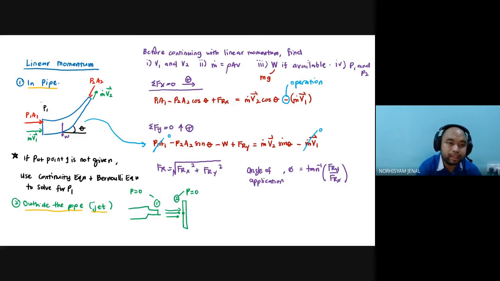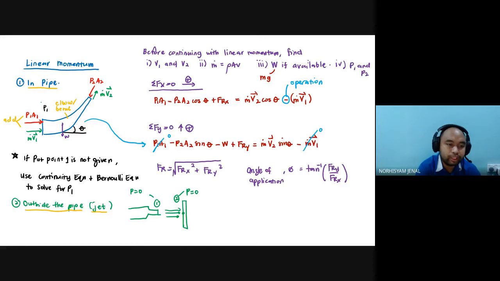In pipe means that the flow is coming into a certain situation like this, maybe we call this an elbow, or sometimes a bend, or any nozzle, for example, which will be a study of linear momentum. So what you need to do first, each time you do a linear momentum question, you have the picture here, you add these two arrows.